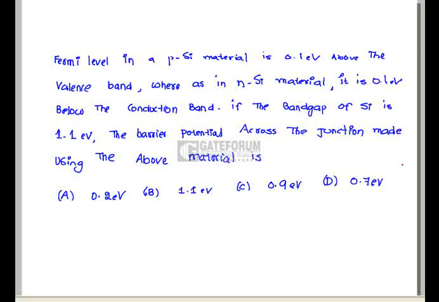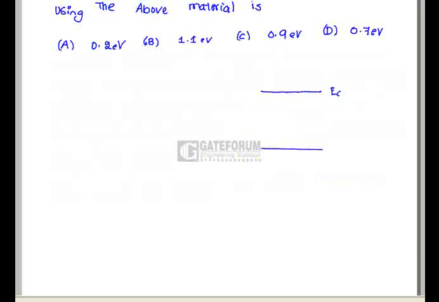Here we know from the Fermi level of a semiconductor material concept, this is the conduction band, which is the energy band diagram. This is the valence band. Here this is represented with EFN. The difference is 0.1 electron volt.